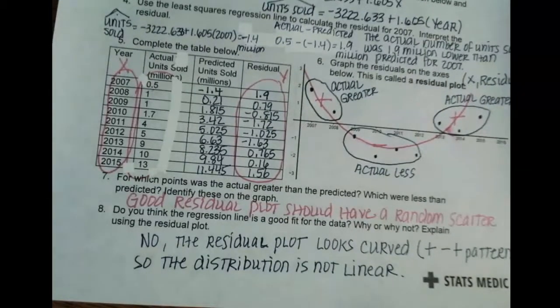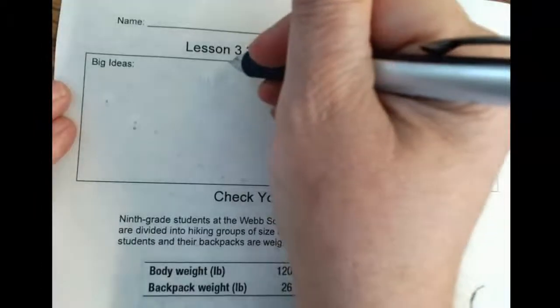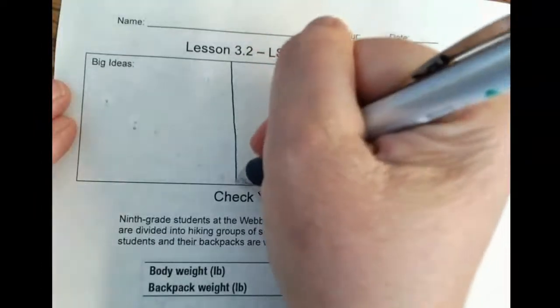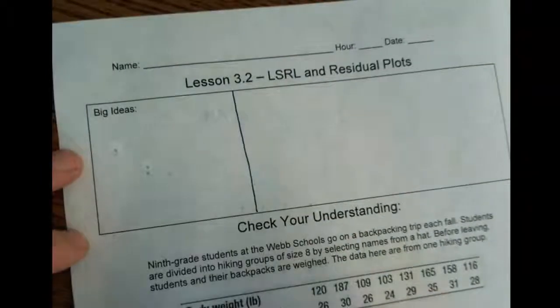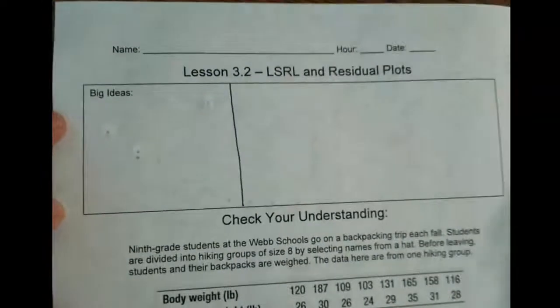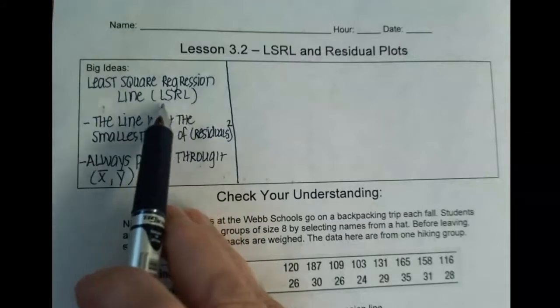So let's kind of summarize this down. We had a whole lot going on in this activity. So I have two things that I want to tell you. The first thing I want to tell you about is the least square regression line. Your least square regression line is often abbreviated LSRL.